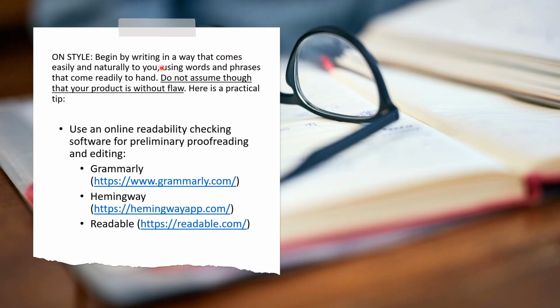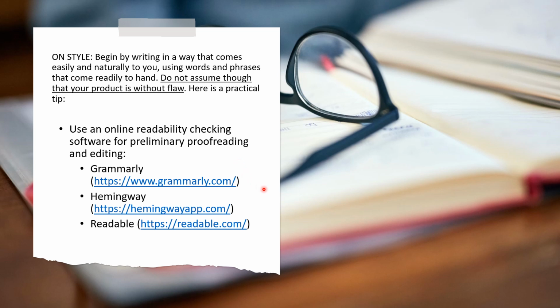Although you are advised to write in a natural way, in a way that comes easily and naturally to you, using words and phrases that are already available, remember that you should not assume that your product is already flawless or without error. Here is a practical tip to ensure that your work has fewer flaws or errors: you may use an online readability checking software for preliminary proofreading and editing.